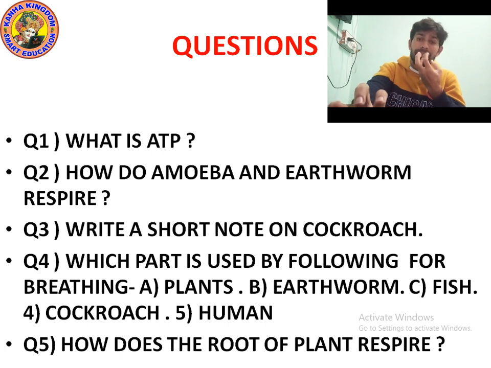First the oxygen enters through the nose, passes through the nasal cavity into the trachea, which is called the windpipe. Then the trachea divides into two tubes called bronchi, which enter the lungs.